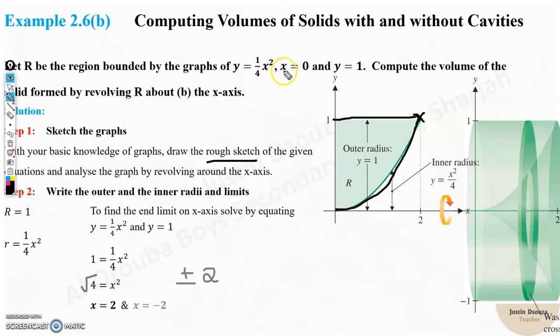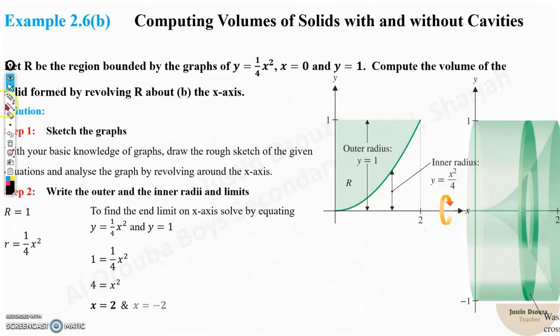We got the intersecting point as 2. That is good. But can you take minus 2? No, we cannot take minus 2. Why? Because the limits have been stated from 0, and this is the part of the graph. You can't go behind. So it is only from 0 to 2 along the x-axis.